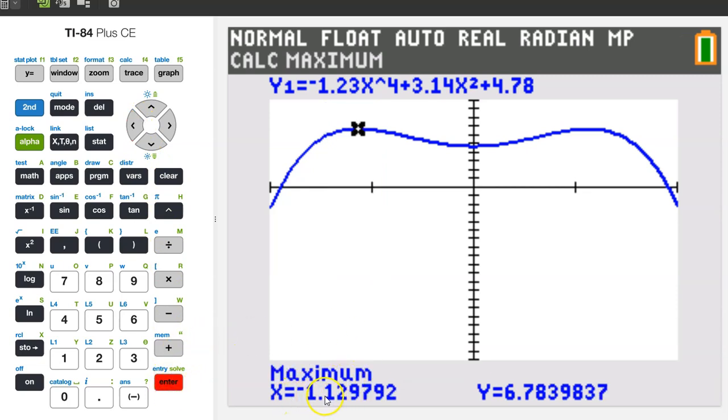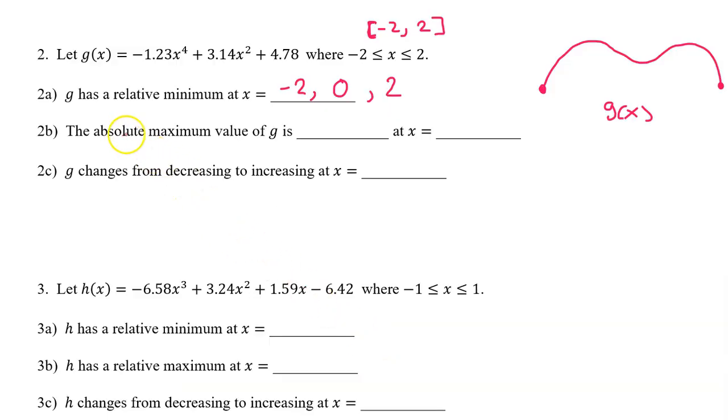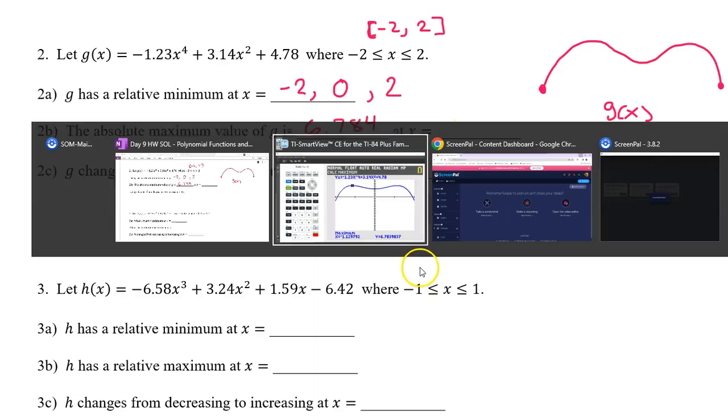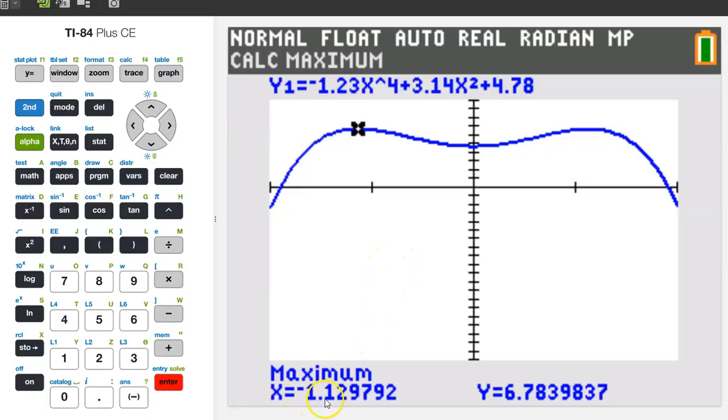Okay, so this is the location, but y equals 6.784 is the maximum. Okay, so the absolute maximum value of g is 6.784 at x equals negative 1.130 if you round.